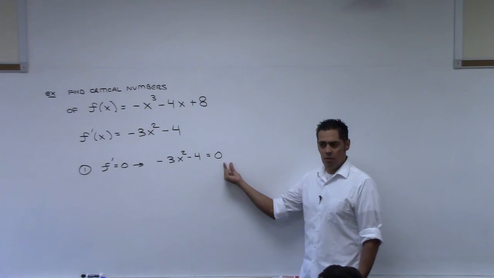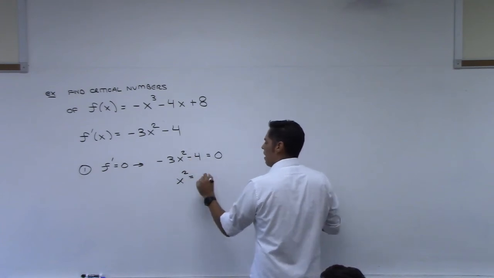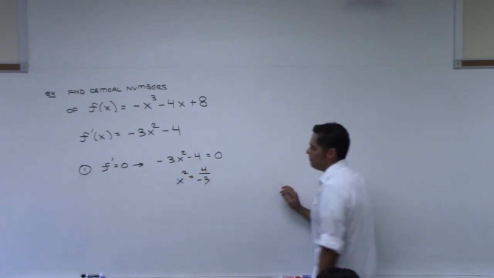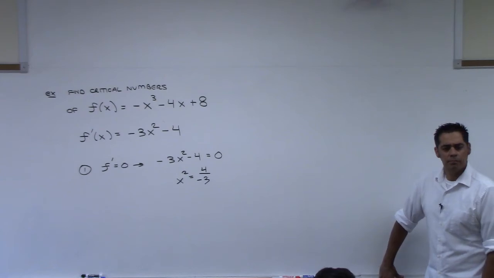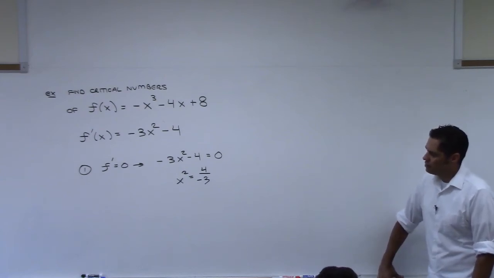Make it a positive 4, and then divide by -3. So if I do that, I move the 4 over, it becomes positive 4. I divide by the -3, I get that.